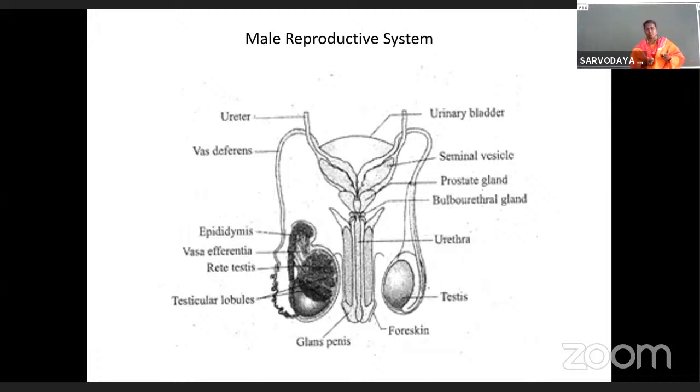human beings sexually reproduce and they are all viviparous, giving birth to young ones. When we talk about reproduction, the following process will occur.